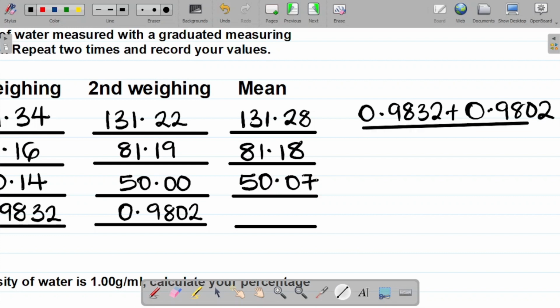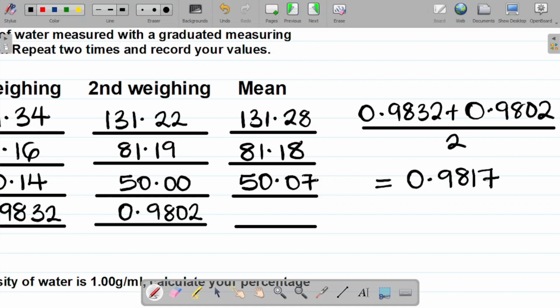So let me punch my calculator: 0.9832 plus 0.9802 divided by 2, and that's about 0.9817. All right, so this value here is about 0.9817.